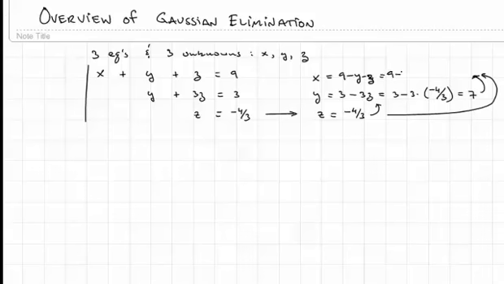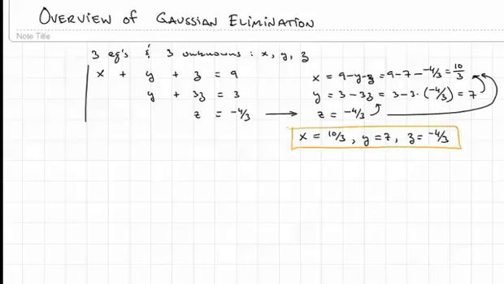So that's 9 minus 7 minus minus 4/3. So that would be 2 plus 4/3, or 6/3 plus 4/3, 10/3, if I did my arithmetic correctly. So we have therefore x is equal to 10/3, y is equal to 7, and z is equal to minus 4/3.